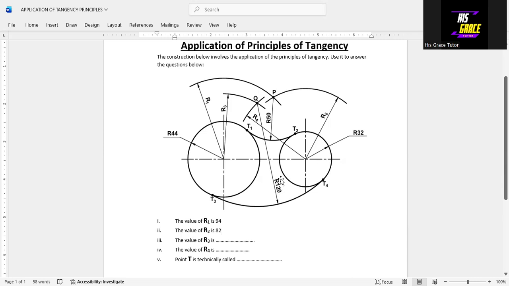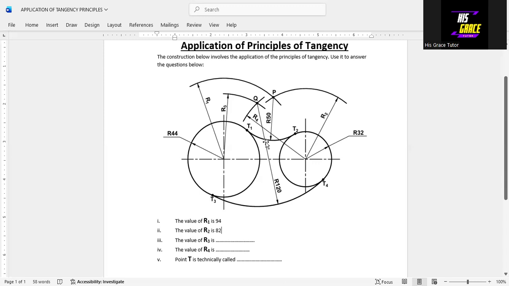So what we have to do now to get the point of intersection of these two arcs of R3 and R4, which is point Q, is that we take 76 millimeters, put the pin at the center of the circle, and then draw this arc. Then we take 88 millimeters, put the pin here at the center of the circle, and draw this arc. The two arcs intersect at this point Q here.